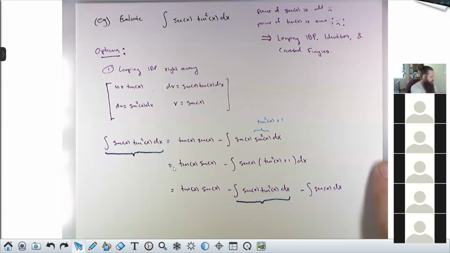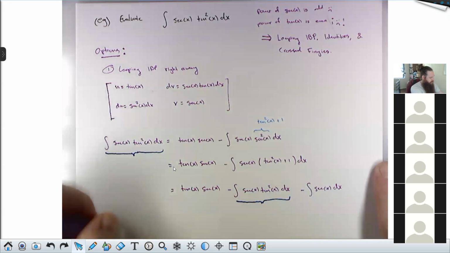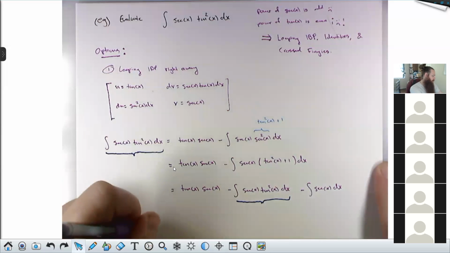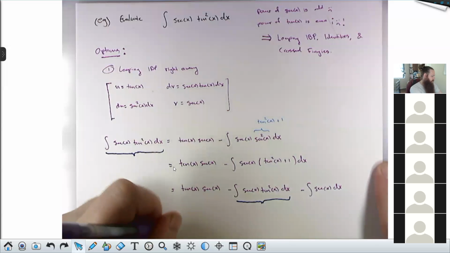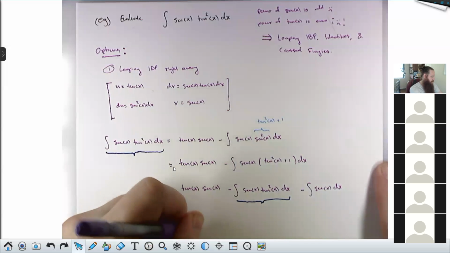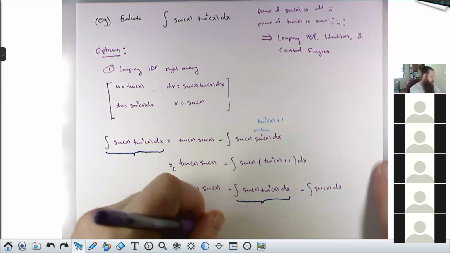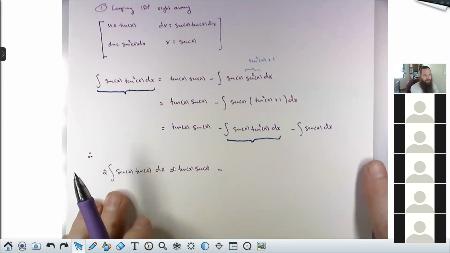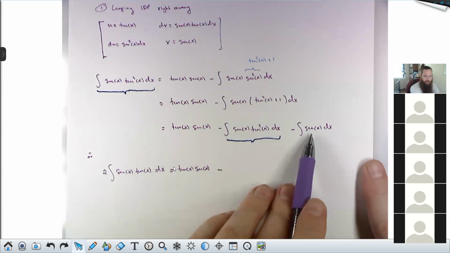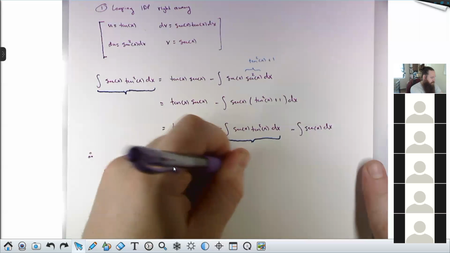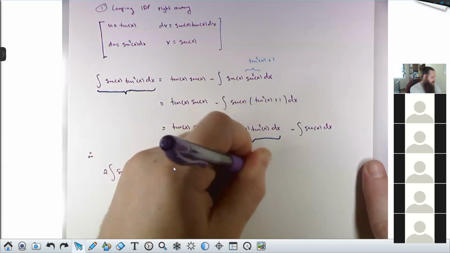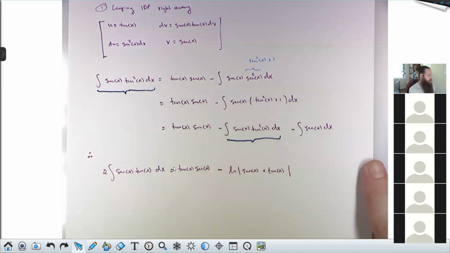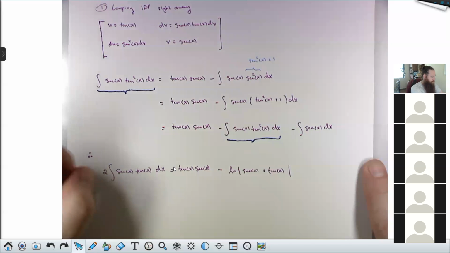And what you get is 2 times the integral of secant x tangent x dx is equal to tan x times secant x minus the integral of secant, which is an integral everybody should remember, the natural log of the absolute value of secant x plus tangent x. And then divide both sides by 2.